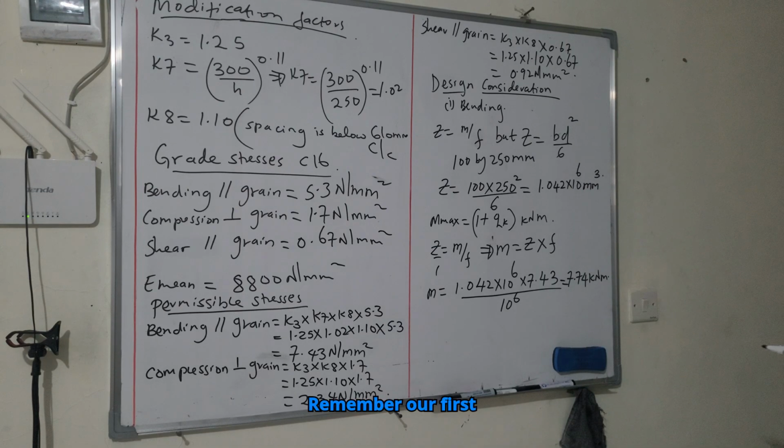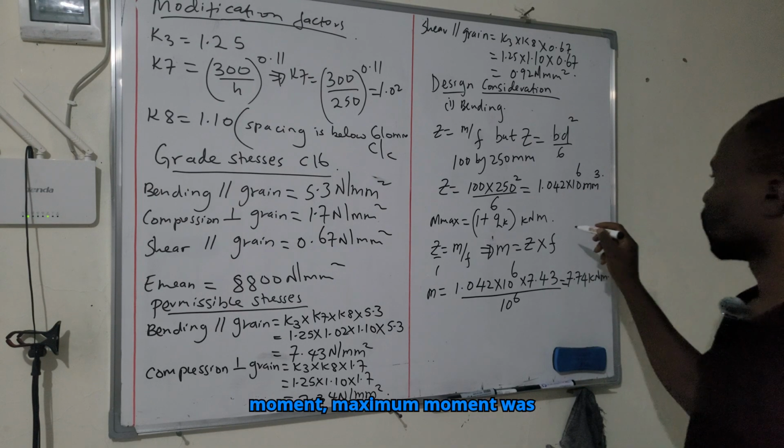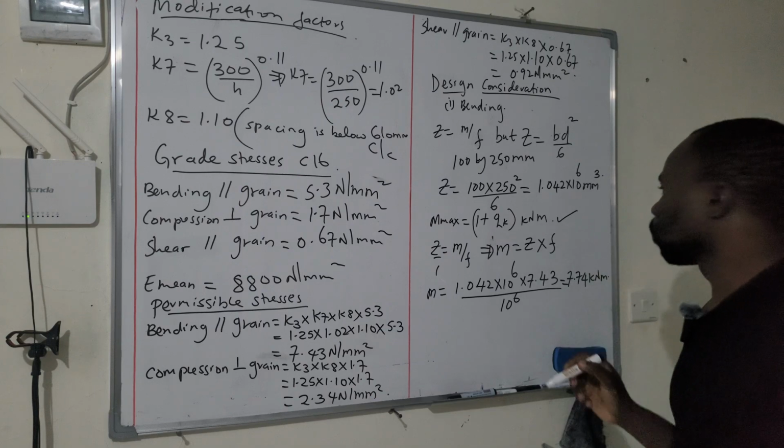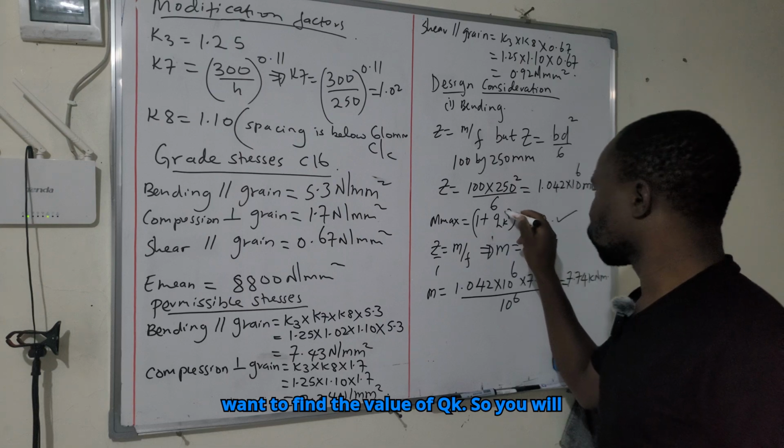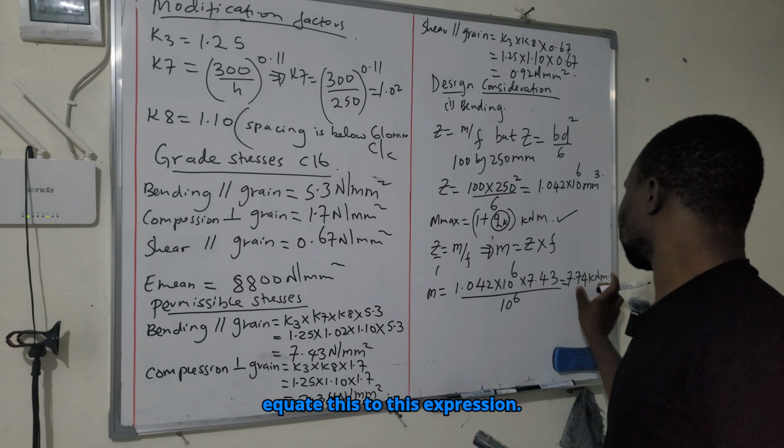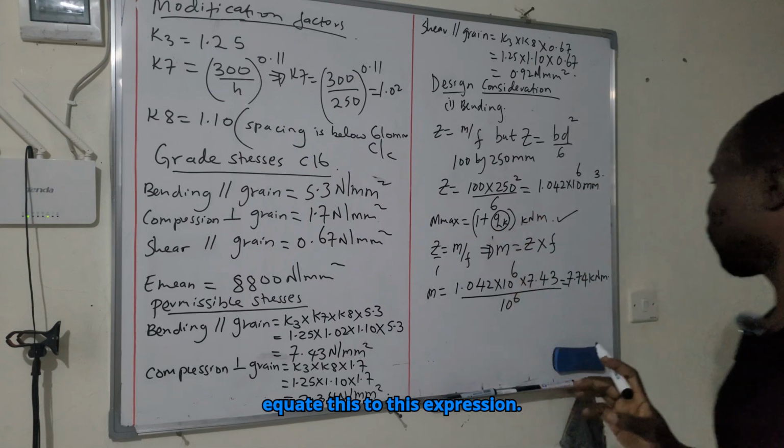Remember, our maximum moment was 1 plus qk. So we want to find the value of qk. You will equate this to this expression.